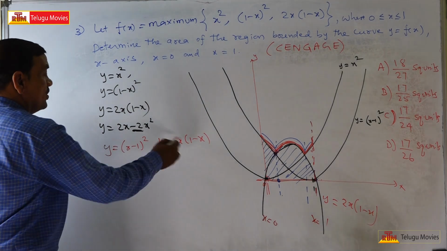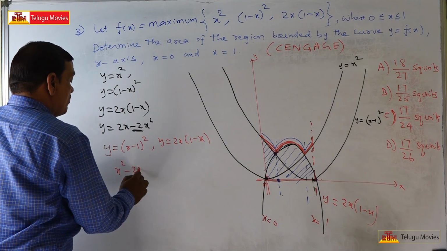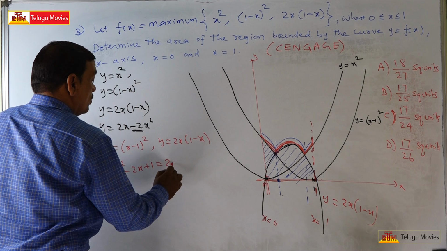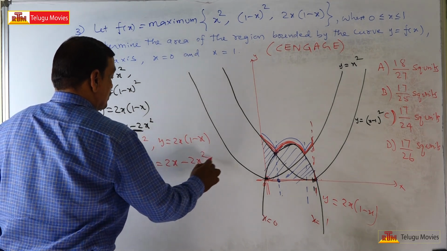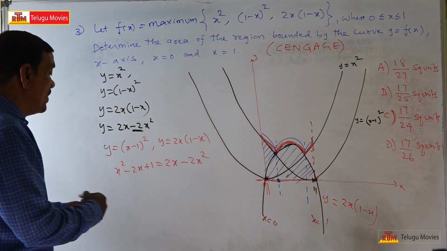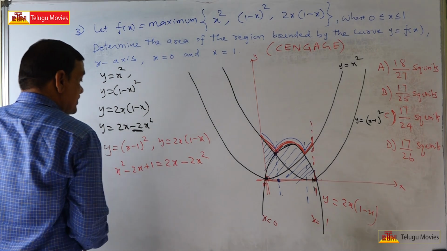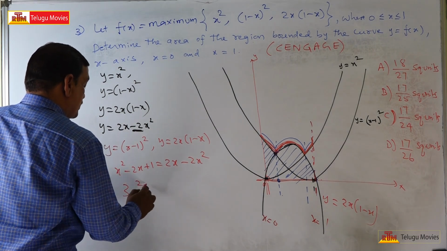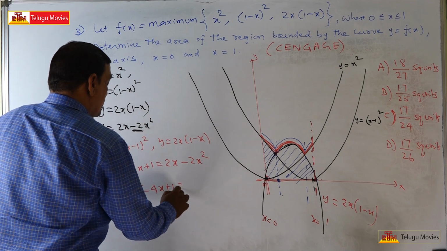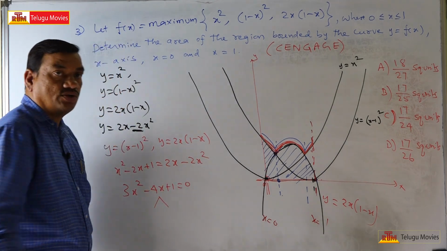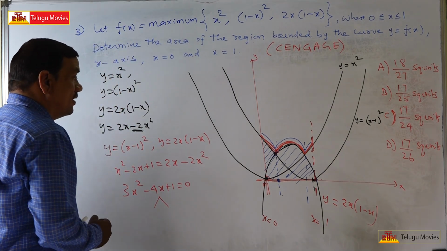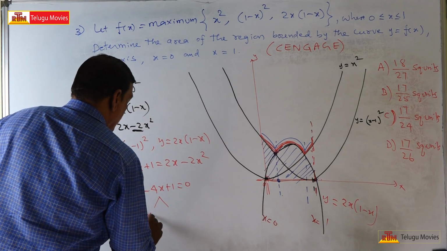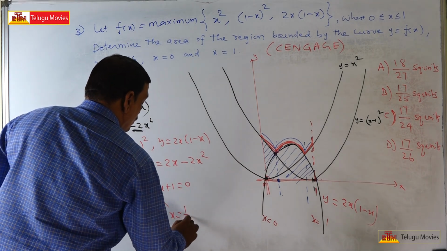If we equate, x square minus 2x plus 1 is equal to 2x minus 2x square. Take all this to one side: 3x square minus 4x plus 1 is equal to 0. Factorize this, and you will get x is equal to 1 and x is equal to 1 by 3.